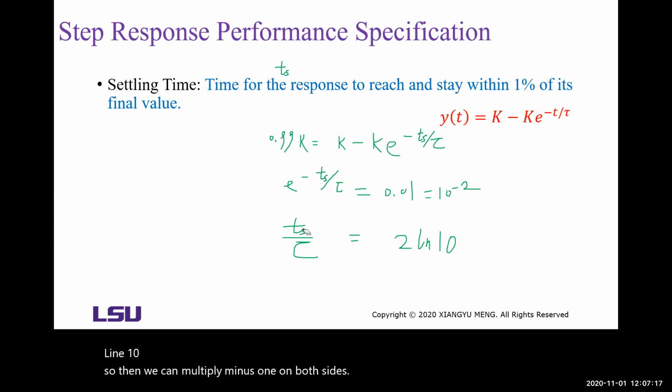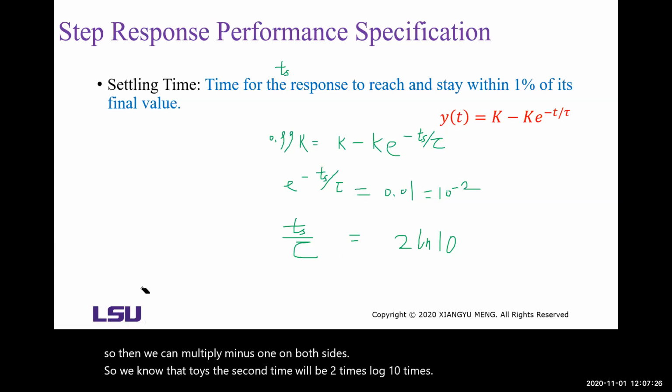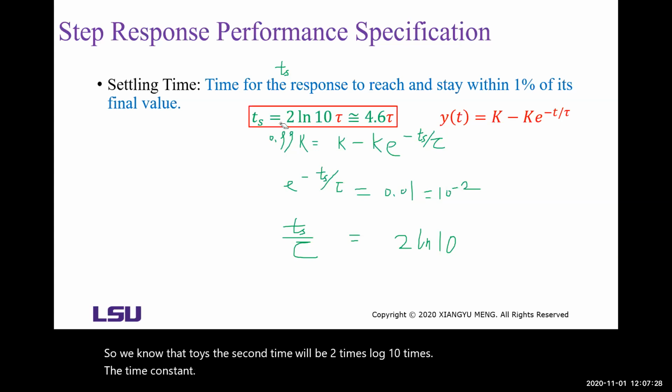So we know that Ts over tau is 2 times ln 10, so Ts is 2 ln 10 times tau, which is roughly 4.6 tau.